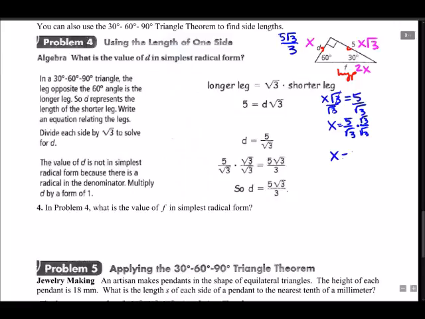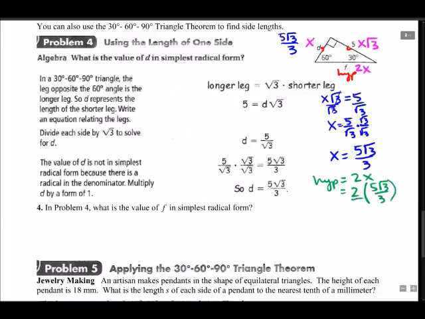We know that x equals 5 square root 3 over 3. There we go. So how do we find our hypotenuse? We know our hypotenuse is 2x. So that is 2 times 5 square root 3 over 3.